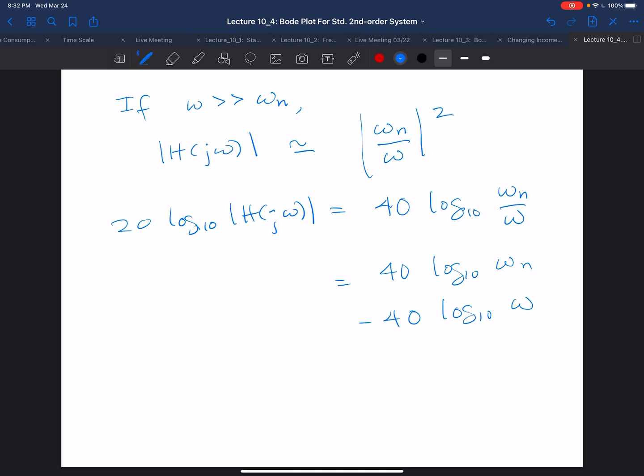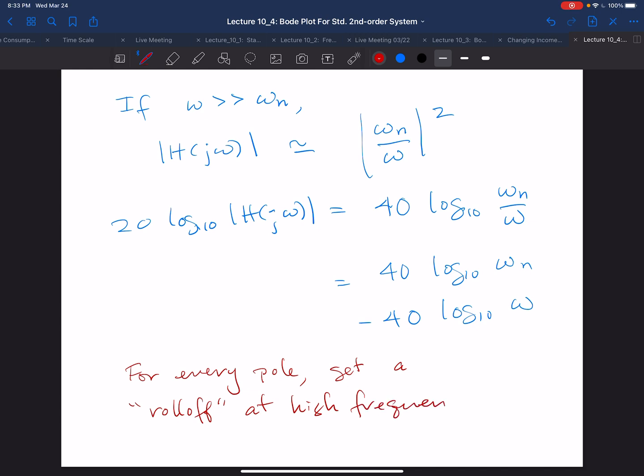In fact, for every pole, we get what's called a roll-off at high frequency of minus 20 decibels per decade.